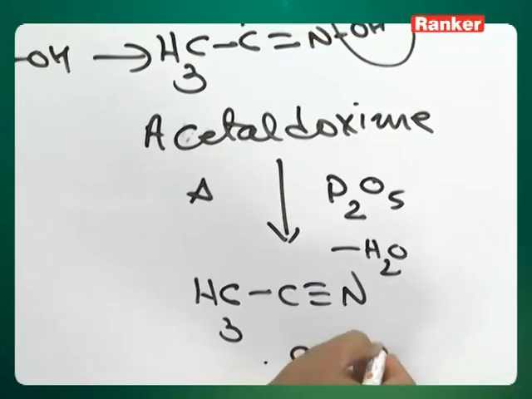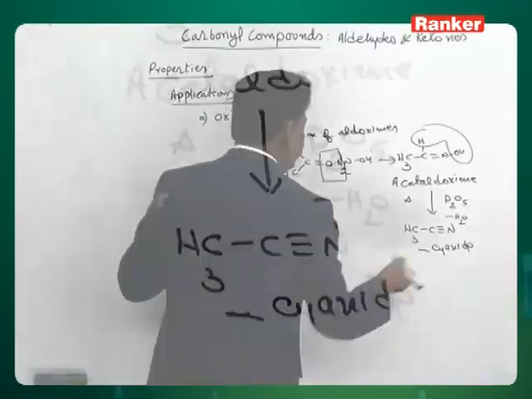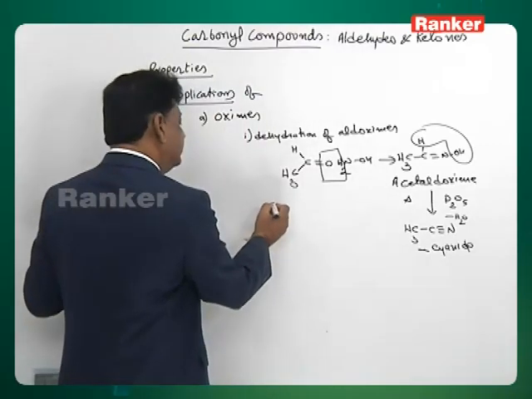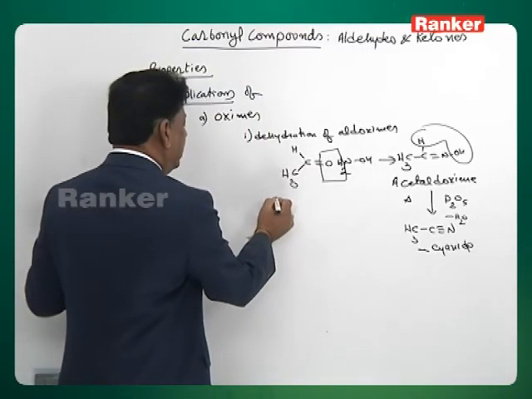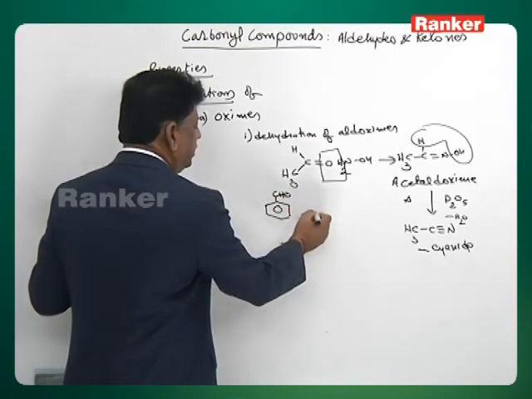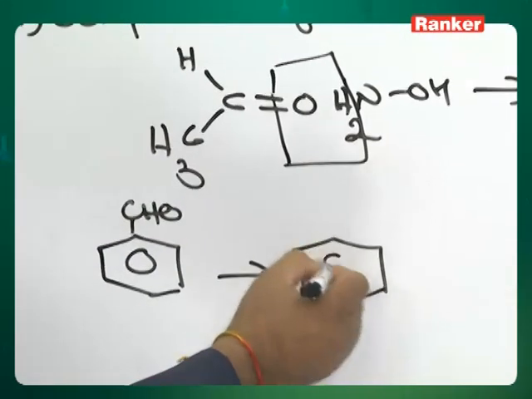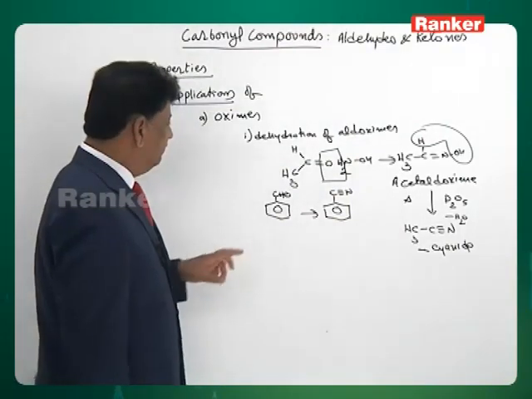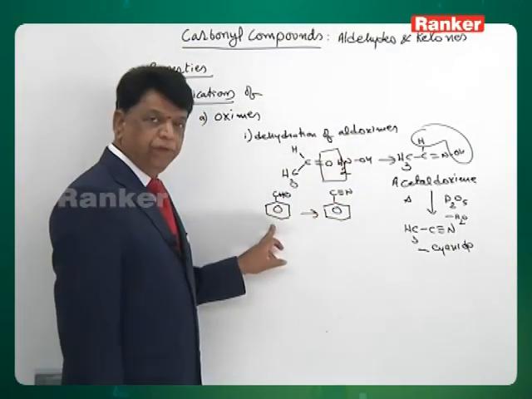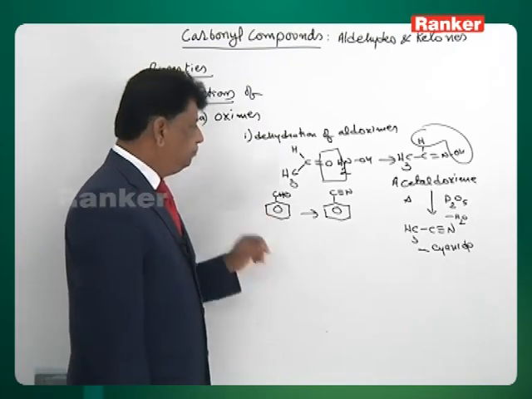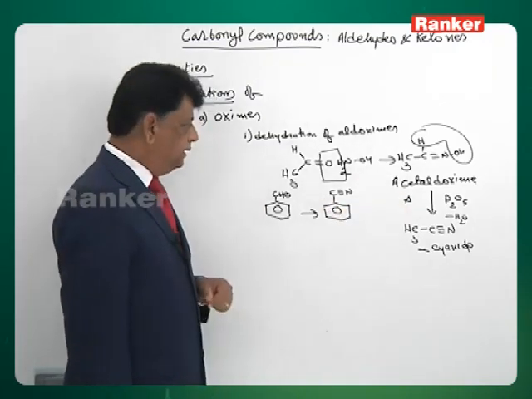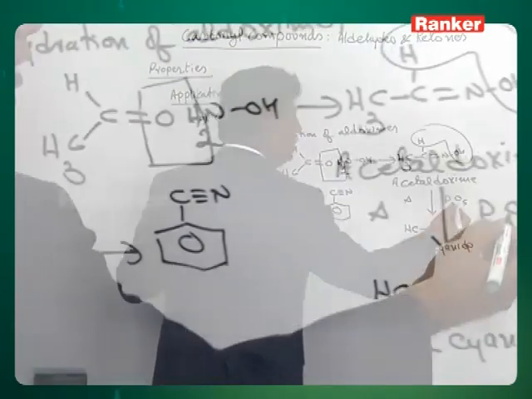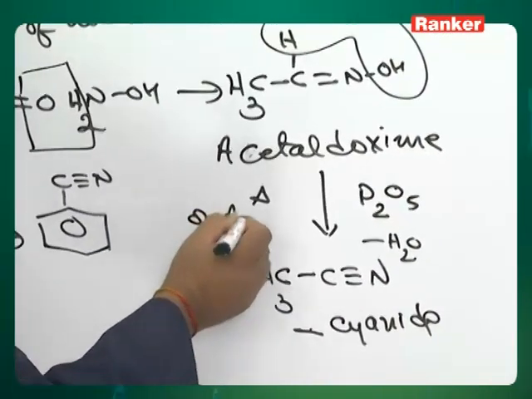Cyanides are formed. So, we have a beautiful exercise that was previously also asked in IIT: how do you convert benzaldehyde into a nitrile, benzonitrile it is called. It is a two-step reaction. First you add hydroxylamine, make benzaldehyde oxime, then add some dehydrating agent like P2O5, or you can also add acetic anhydride, Ac2O.